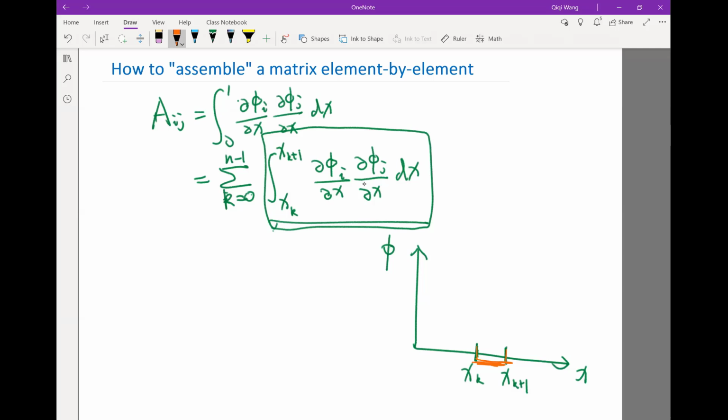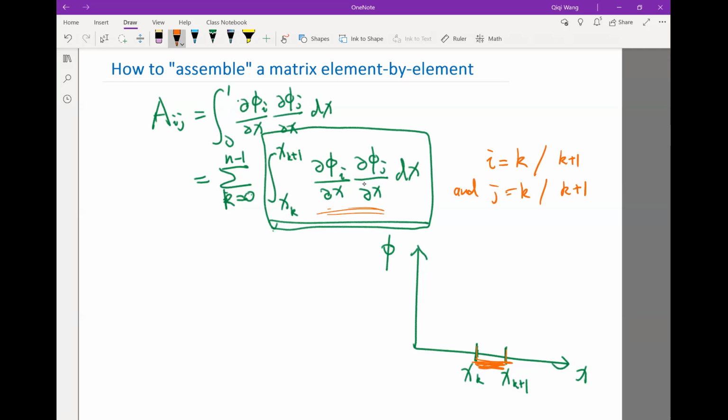Okay. Is it just xk and xk plus 1? Yes, actually, that's exactly right. So only when i equals k or k plus 1, and when j equals k or k plus 1, there is any hope of this product being non-zero over this domain, right?